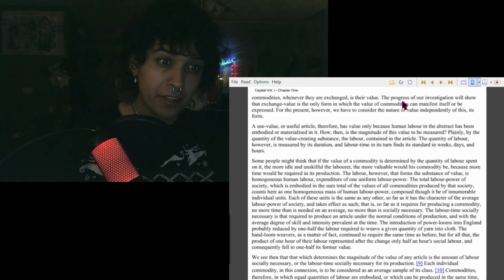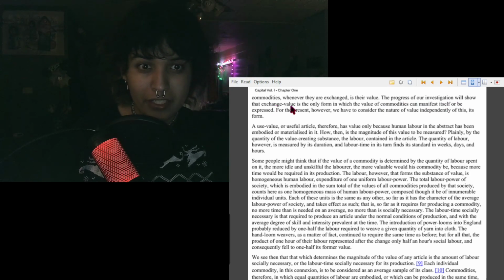Okay. The progress of our investigation will show that exchange value is the only form in which the value of commodities can manifest itself or be expressed for the present. However, we have to consider the nature of value independently of this form.